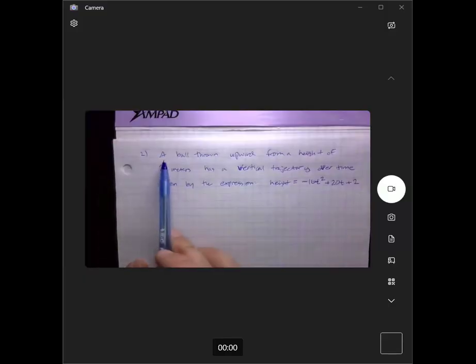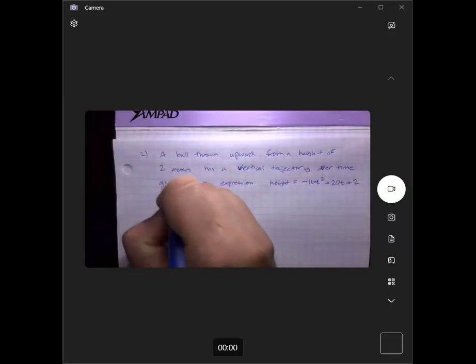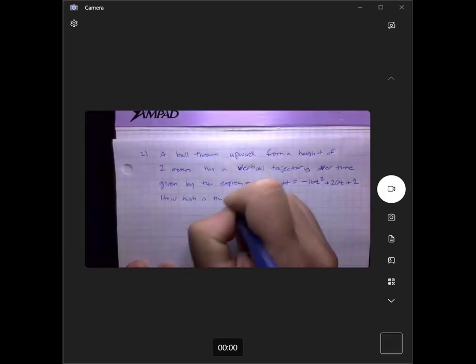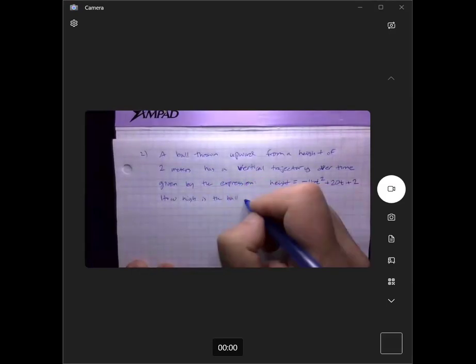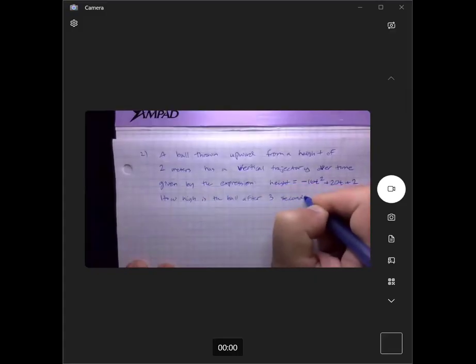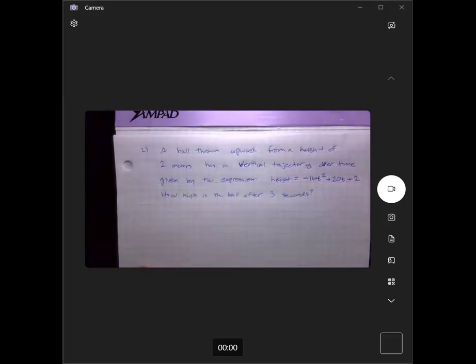So here we have a sentence that includes a mathematical expression. And then our question is, how high is the ball after 3 seconds? So let's take a look.